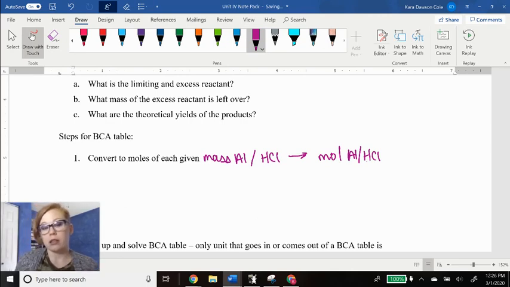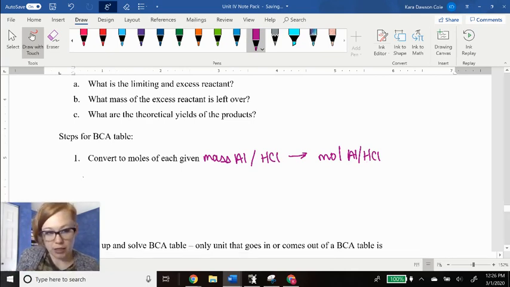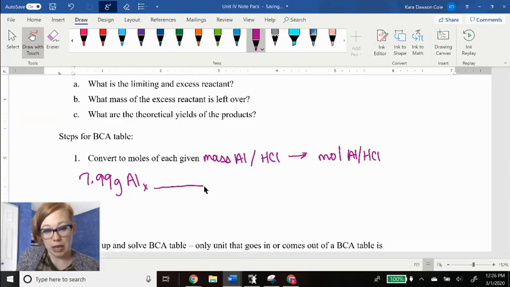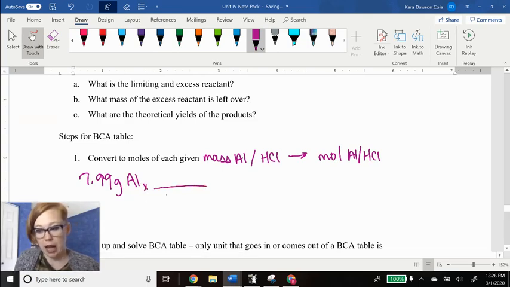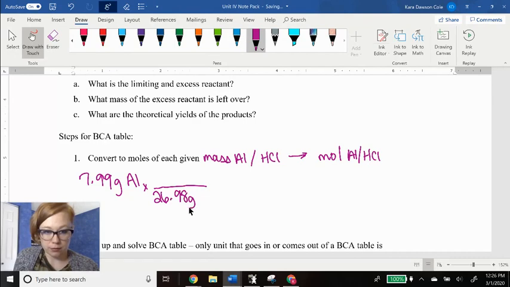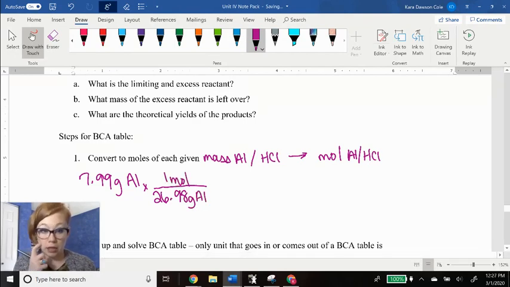So then we are going to go through our moles. I've got 7.99 grams of aluminum. This was the same reaction that I did in the last video, so I know that aluminum is 26.98 grams for every 1 mole. That's one calculation.